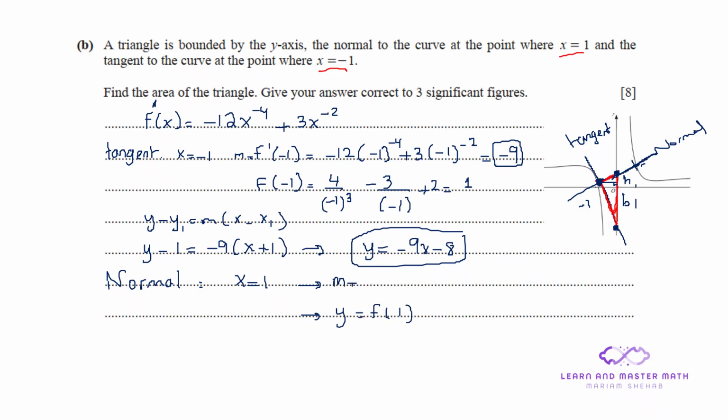For the slope, first we have to find the tangent for this normal, and then we do opposite reciprocal. Slope of tangent, which is f prime of 1, do the same calculation as before, but for x equal to 1, this will be minus 12 times 1 to the power of negative 4 plus 3 times 1 to the power negative 2. You will get a 3.